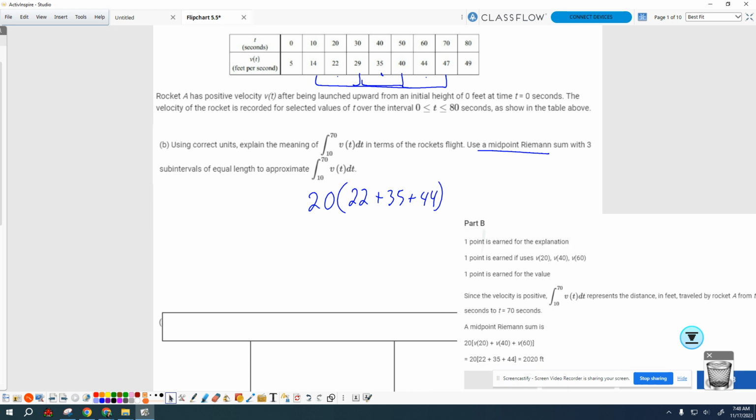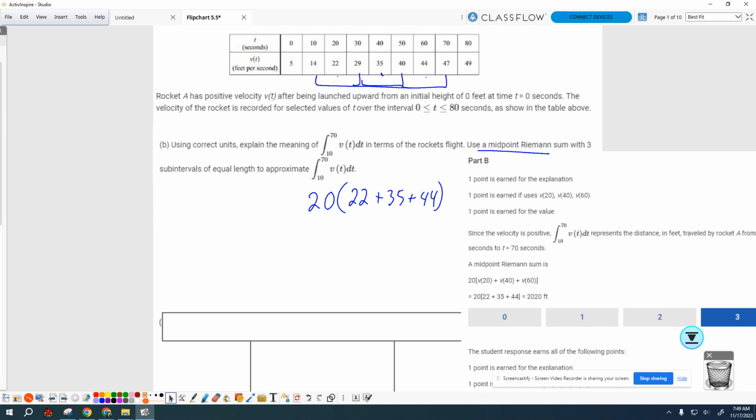Okay, so to show you what they're looking for, 2020 feet. So in this question, on the AP exam, they will ask you one of these. They want to see that you used these units.